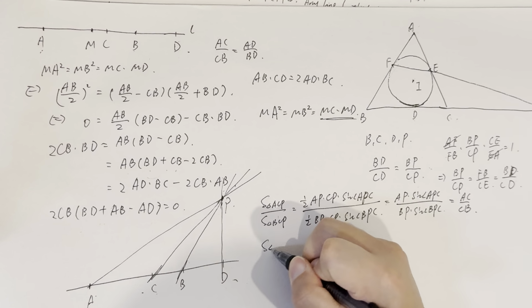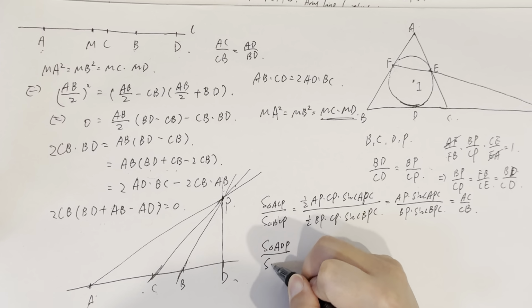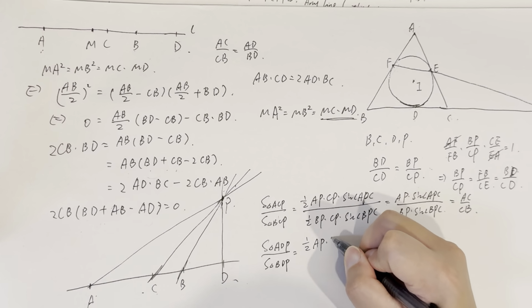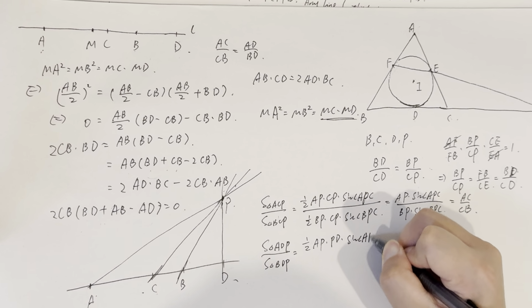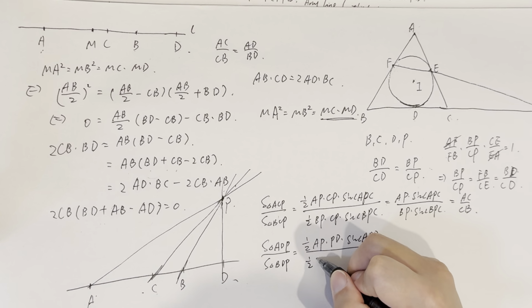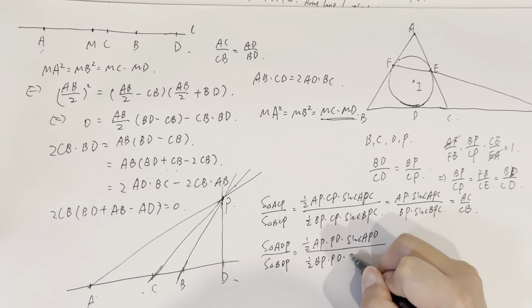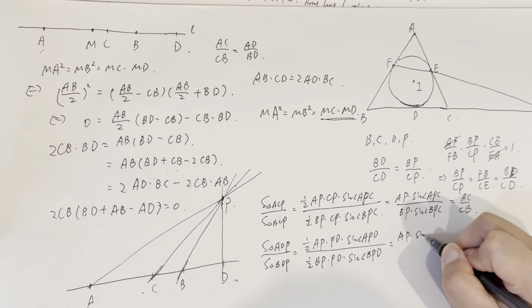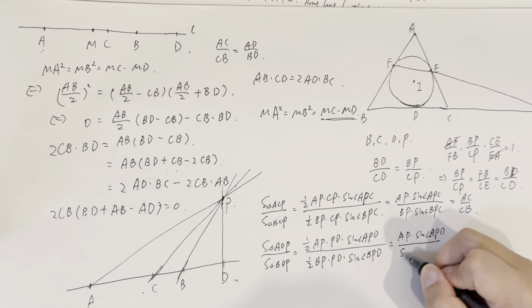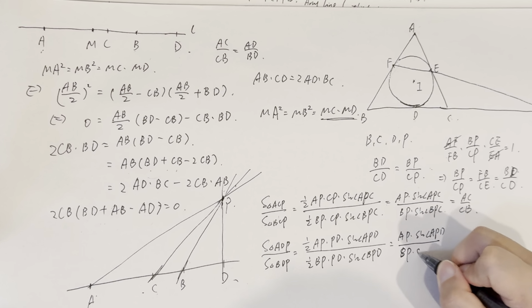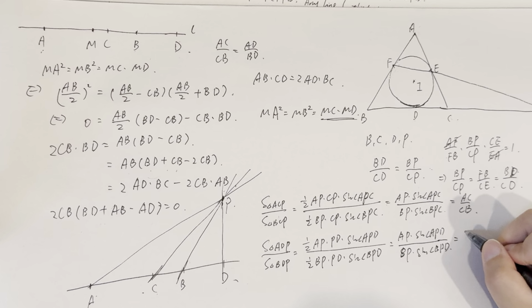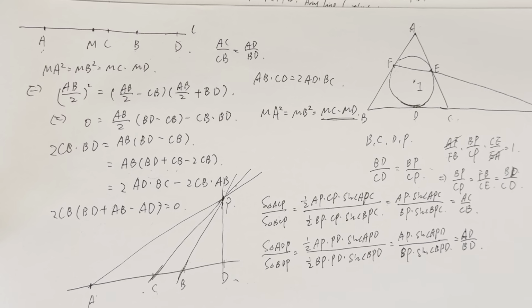Now think about the area of triangle ADP to the area of triangle BDP. We can write it as half of AP times PD times the sine angle APD to half of BP times PD times the sine angle BPD, which equals AP times the sine angle APD to BP times the sine angle BPD, which equals AD to BD, right?